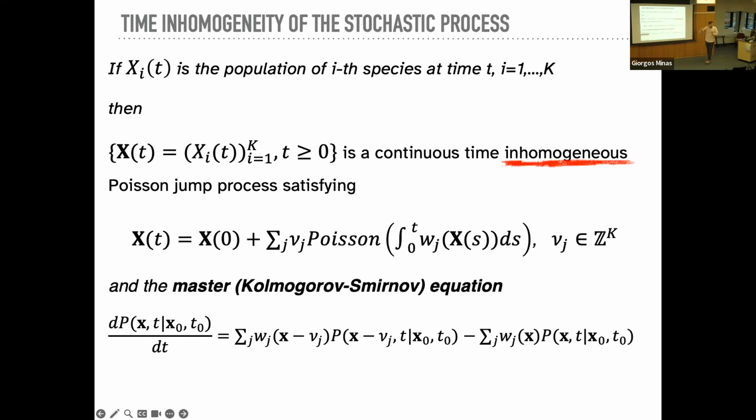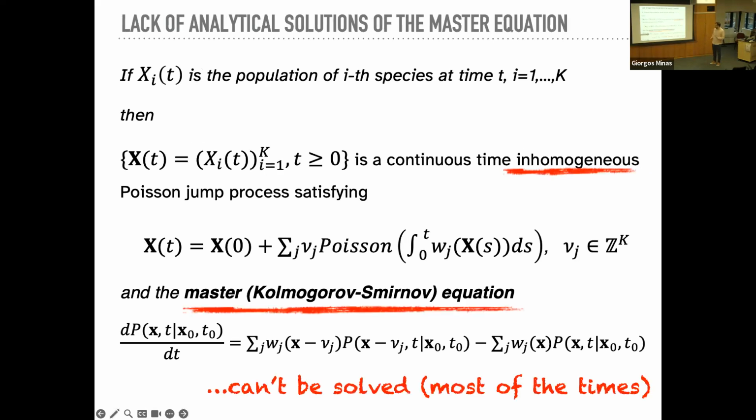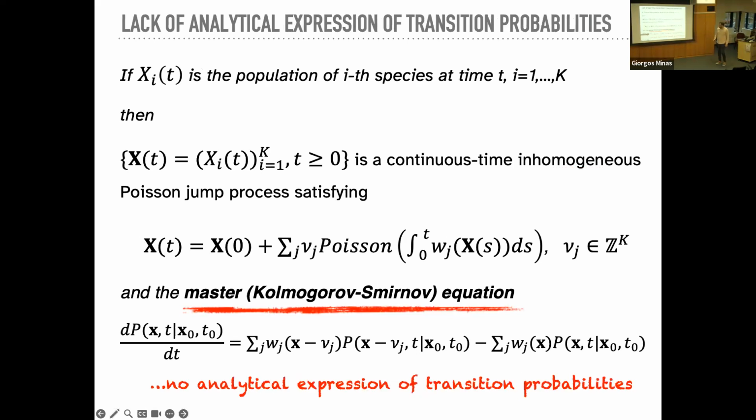So it's not a constant rate Poisson process; the rates change over time. This complicates things, because it means that we very rarely can solve this master equation, which in more practical terms means that we have no analytical expression for the transition probabilities. So there's not much to do with this master equation other than seeing the form of it, essentially.